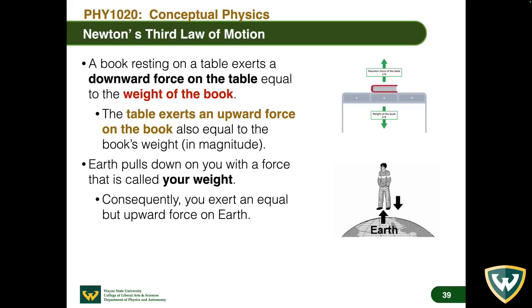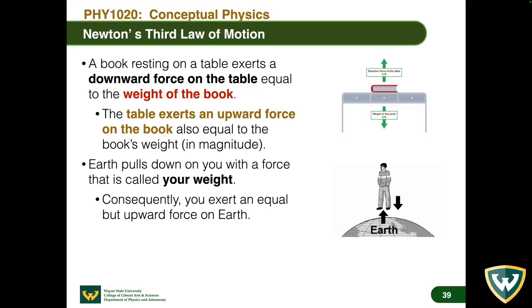But obviously the book is sitting on the desk. It's not moving. So that means there is an equal force balancing gravity from the desk itself. The desk is pushing on the book upward with a force equal to the weight of the book.